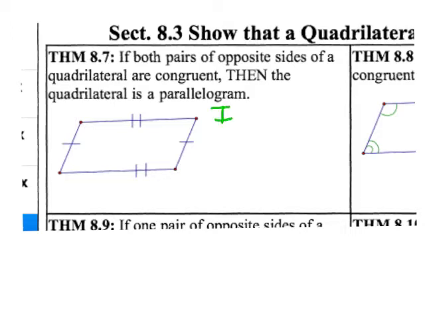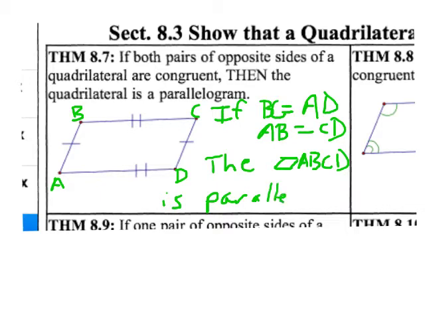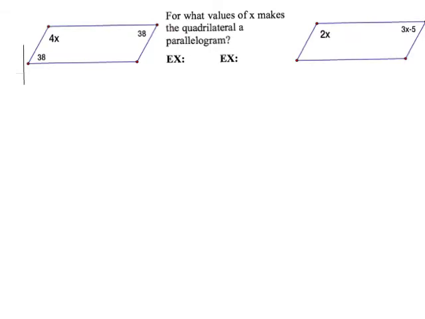So if BC is congruent to AD, and we should probably label the sides here, A, B, C, D, and AB is equal to CD, then ABCD is a parallelogram.